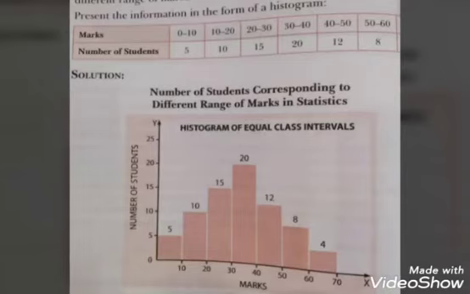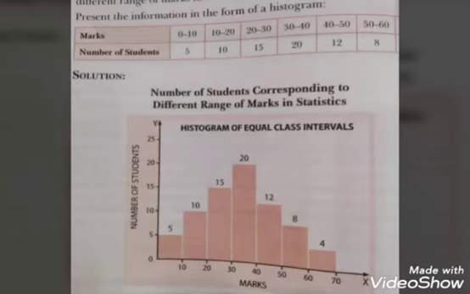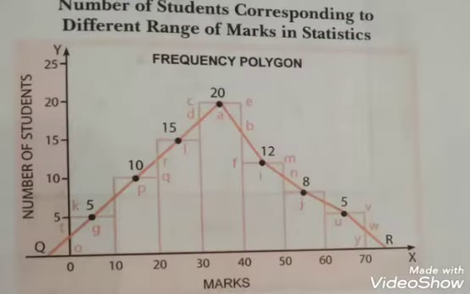So this is a histogram where we have shown the number of students with their corresponding marks in statistics. Their width is the same but their height differs according to their frequency, that is, according to the number of students.